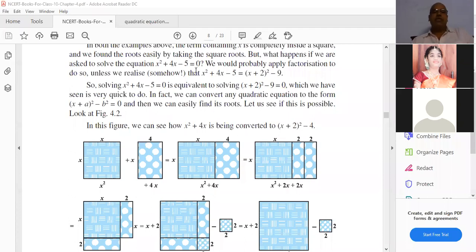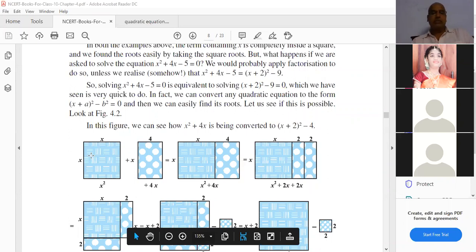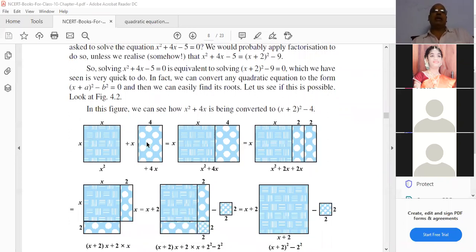For that, you see, in that equation, the first two terms are x square and 4x. x square means a square of side x units, x into x. And 4x means we take a rectangle, one side x, another side 4 units, length into breadth means 4x units.